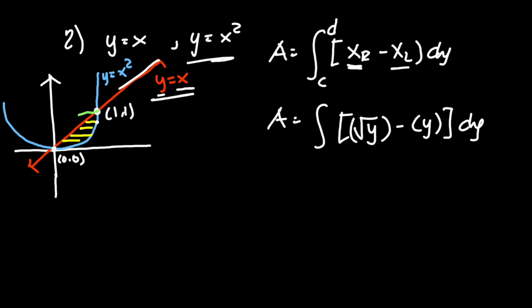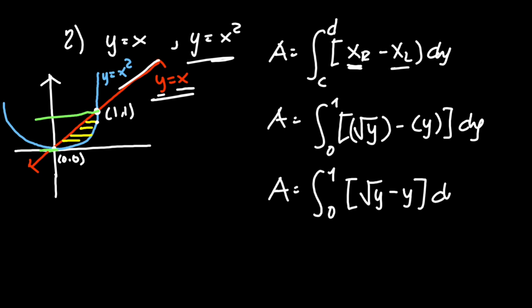In this one, the y value of this would be 1. And the value of this one would be equal to 0. Let us simplify this. This would be upper and lower limit of 1 and 0. Integral of square root of y minus y of dy.